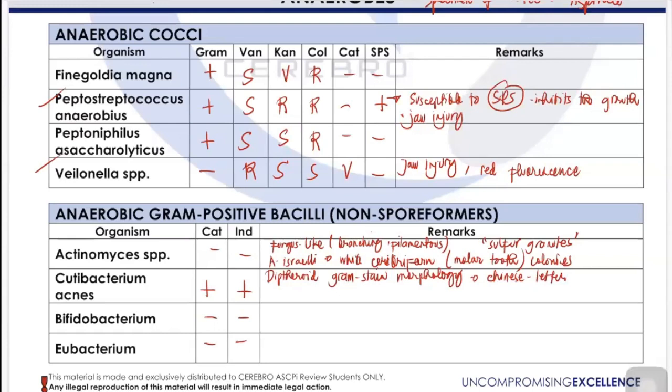Then this is a skin commensal, which is why this is also a common contaminant of blood cultures, di ba? This is a skin commensal, and usually it causes infection of yung mga implants, such as prosthetic joint or yung mga CSF shunts.